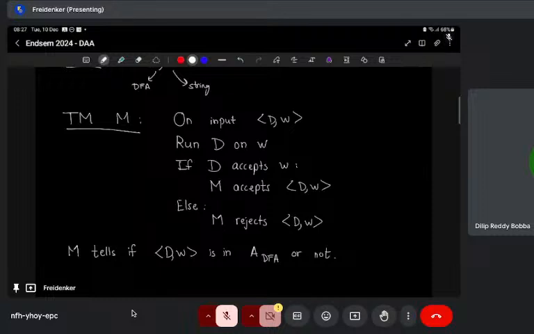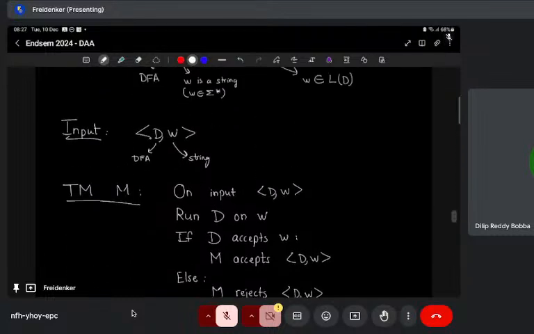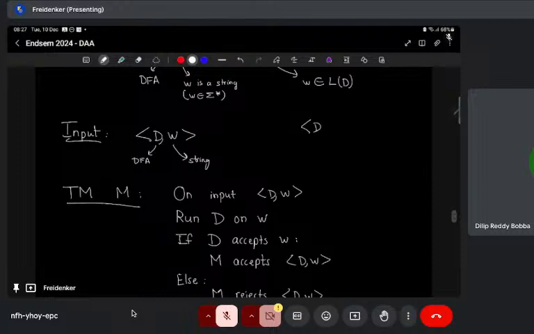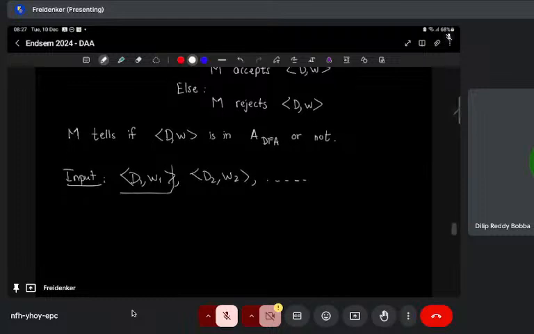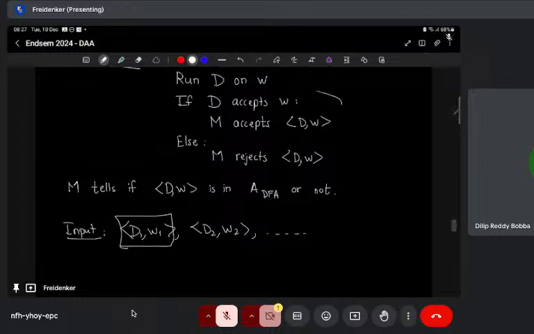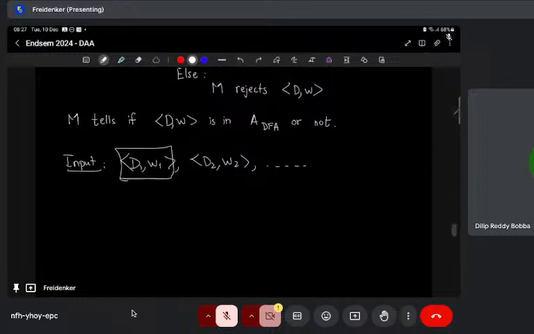It is a decider because to this Turing machine I will keep giving, let's say, D1 comma W1, D2 comma W2, and so on. The moment it reads this input, it's going to perform this algorithm. So you will get the answer whether this is accepted or rejected.